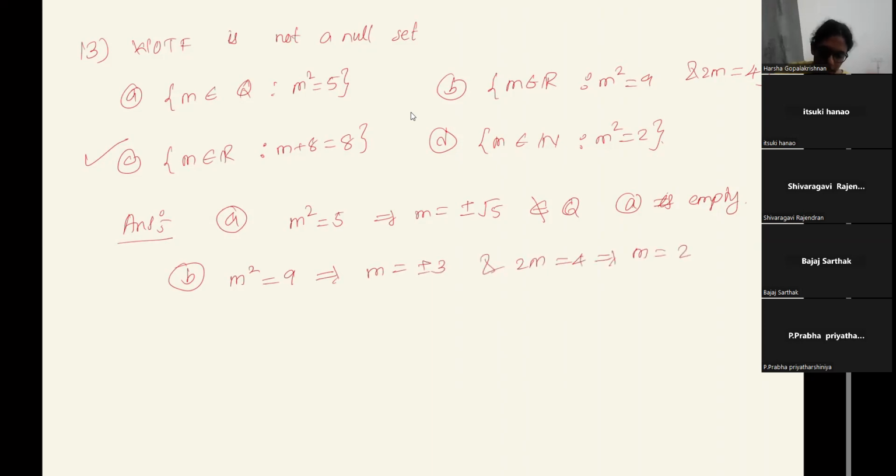Plus or minus 3 satisfy only the m square equal to 9 condition, and m equal to 2 satisfies only the 2m equal to 4 condition. So there is no element which satisfies both conditions. So the set B is also empty.